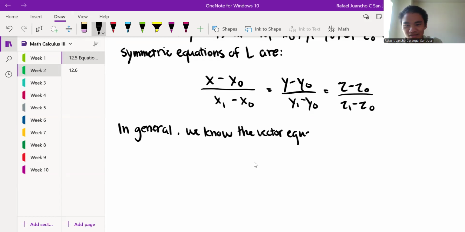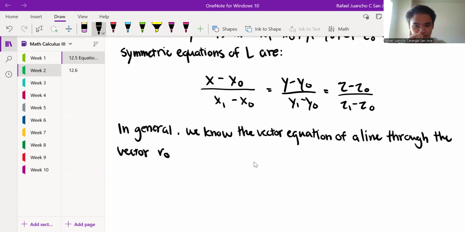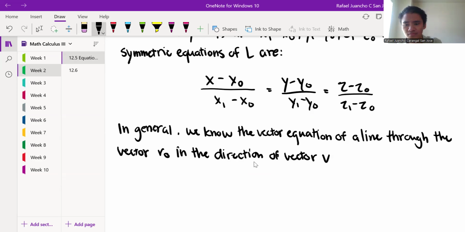Okay, so we know the vector equation of some line through the vector R naught in the direction of a vector V is R equals R naught plus TV.